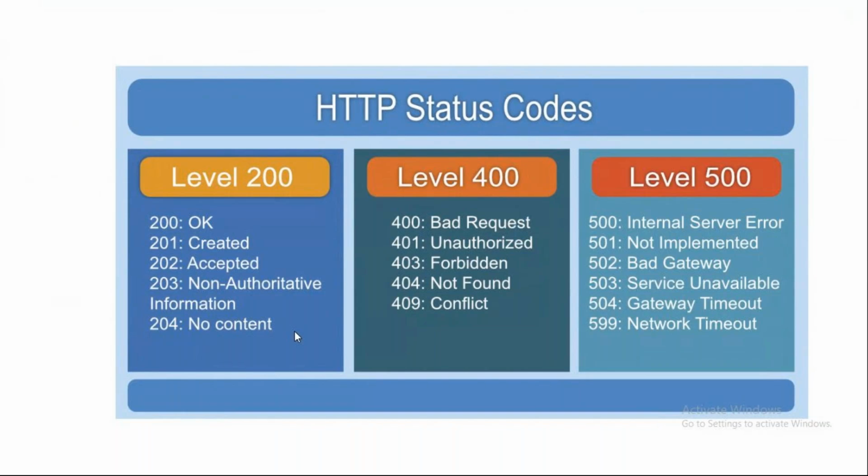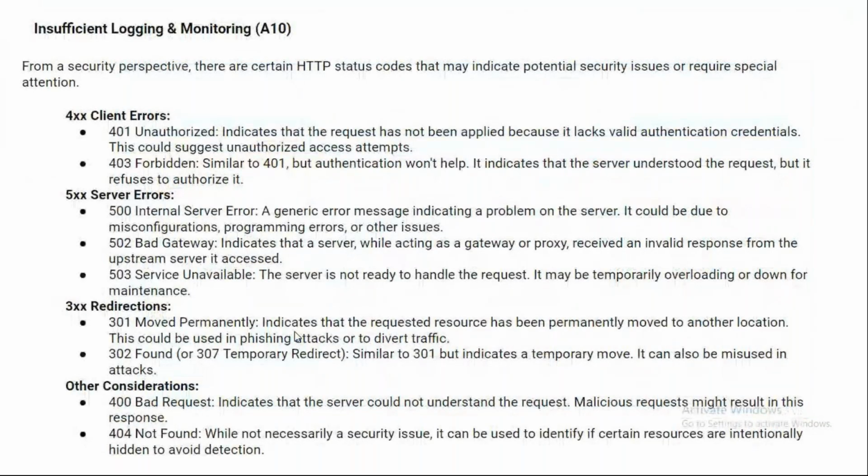One of the OWASP top 10 is insufficient logging and monitoring. What it says is, all these response codes, be it 400, 401, 403 or 500, you have to log properly in your monitoring tool or in the logs, with a proper timestamp and proper information on which IP the request is coming from.